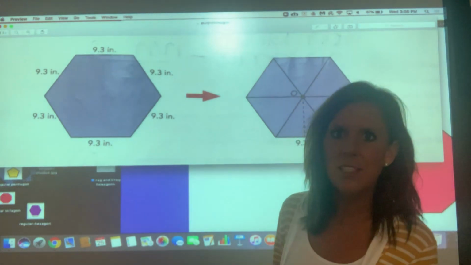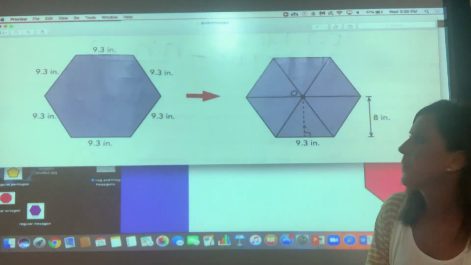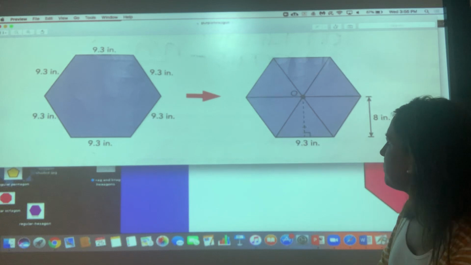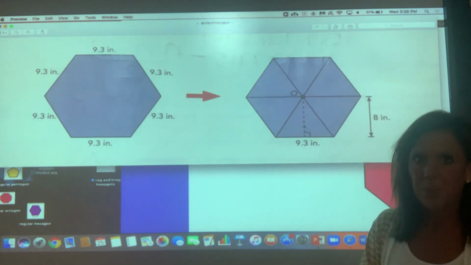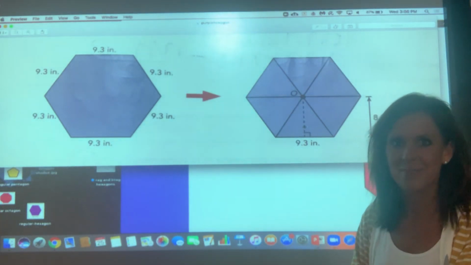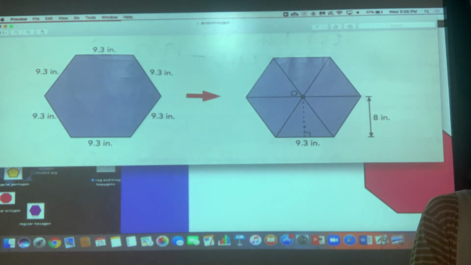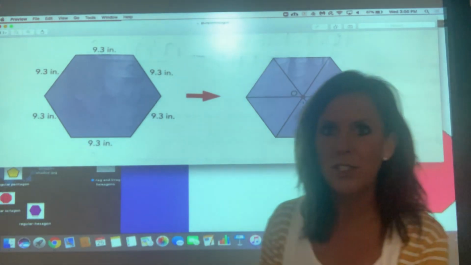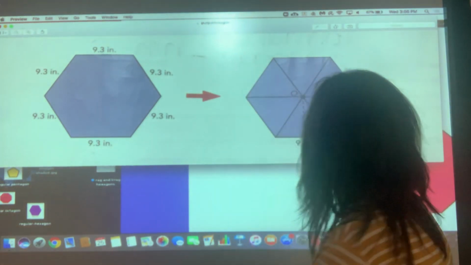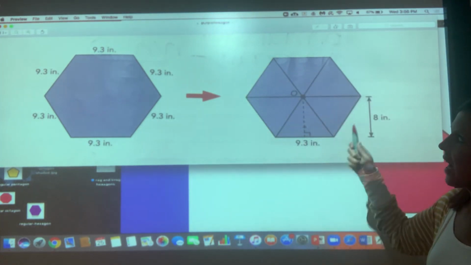So I'll give you a minute to see what you get for that. All right, hopefully you got 223.2 inches squared for the area of this entire thing.